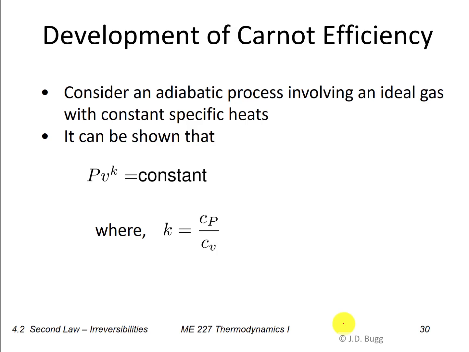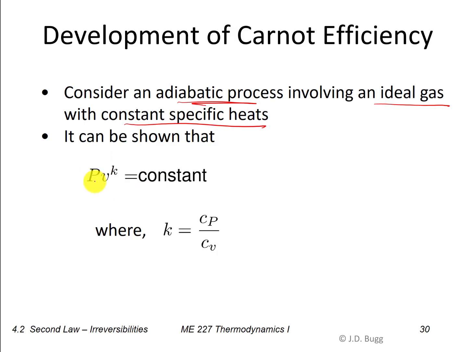Two of the processes in that Carnot cycle were adiabatic processes, and we're going to use an ideal gas as our working fluid. So if we have an ideal gas with constant specific heats undergoing an adiabatic process, and like I say, that's two of the four processes that are going on in a Carnot cycle, we can show that PV to the k is a constant.